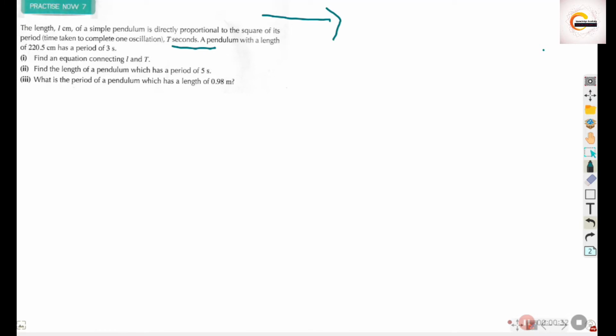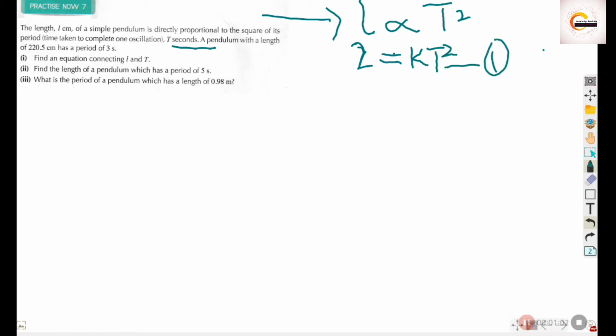Before going further, let's write down L is directly proportional to T whole square, and L is equals to K T square. Let's call it number 1.